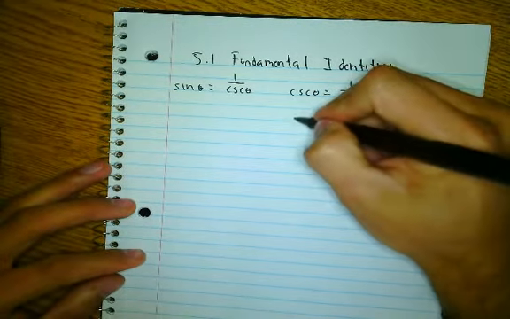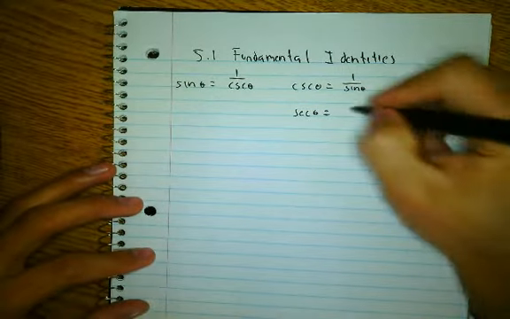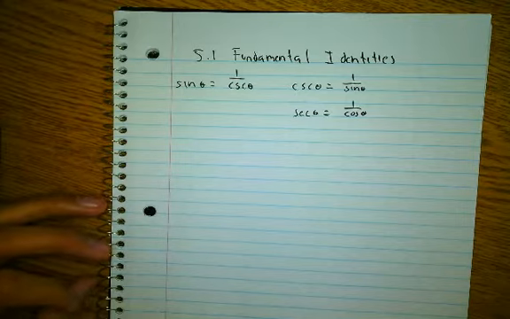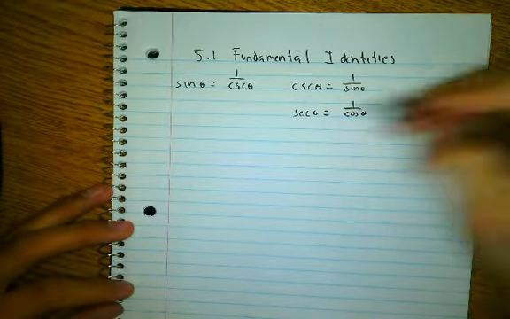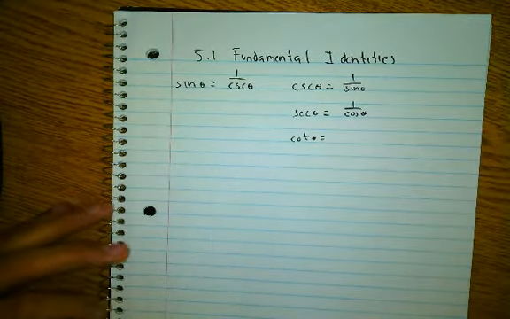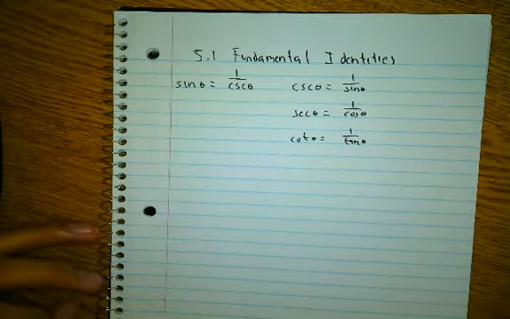So then what would you say that secant is? 1 over cosine of an angle. Right? And what would cotangent be? 1 over tangent of an angle, right?